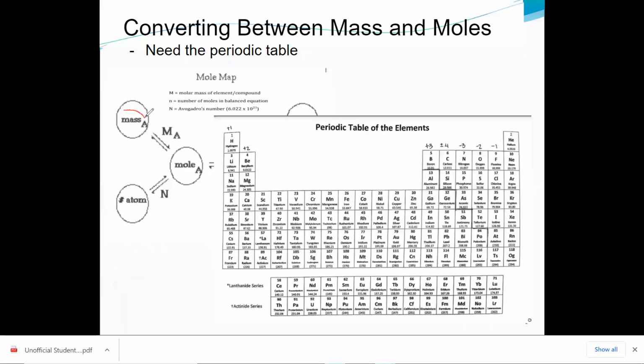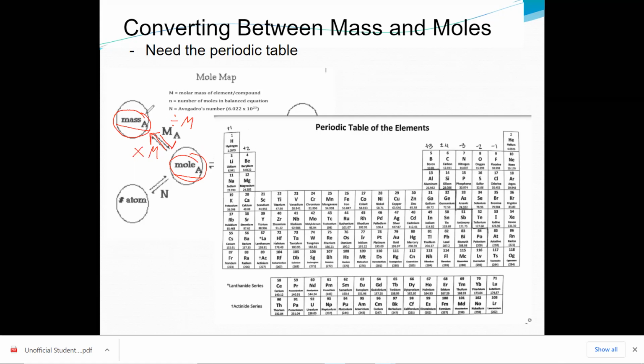If I have a certain mass and I want to know how many moles that is, I am going to divide by the molar mass. Okay? If I have a mole amount and I want to know how much that weighs, I'm going to multiply by the molar mass. So you can see the arrows going this way and that way.